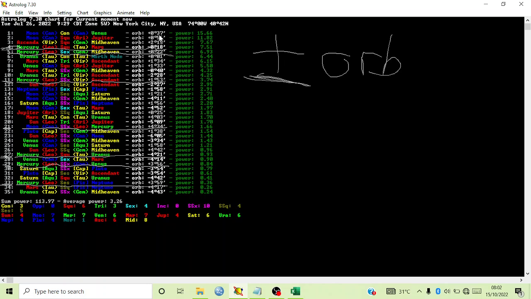What this means is that for the conjunction, for the planets to come to the same position, we still need about 37 minutes for one of those planets to move to the position of the other planet. So in short, if you have a 90 degree aspect, it means that it's not yet 90 degrees, it's 89 degrees, and you've got some minutes for it to become 90. That's what a positive orb means.